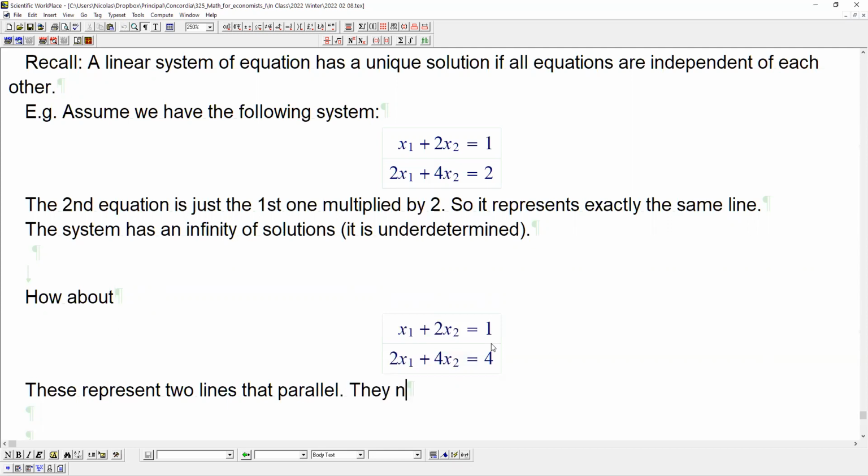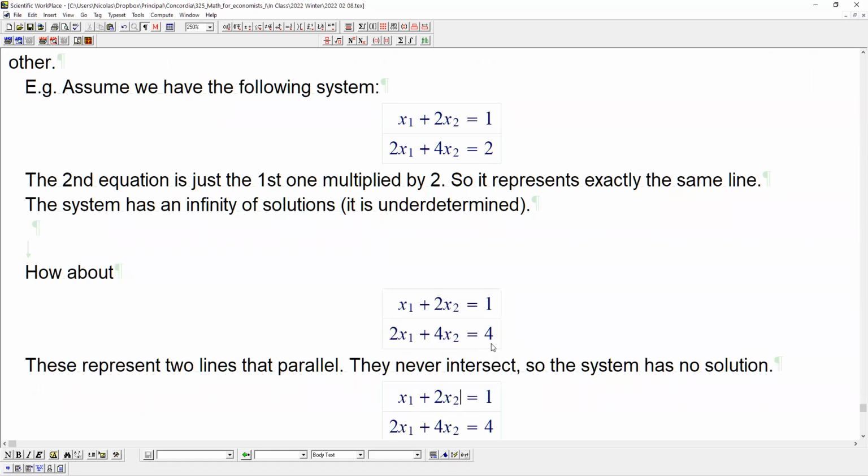They never intersect, so the system has no solution. There is no pair of values x1, x2 which you can give me which will satisfy both equations at the same time.